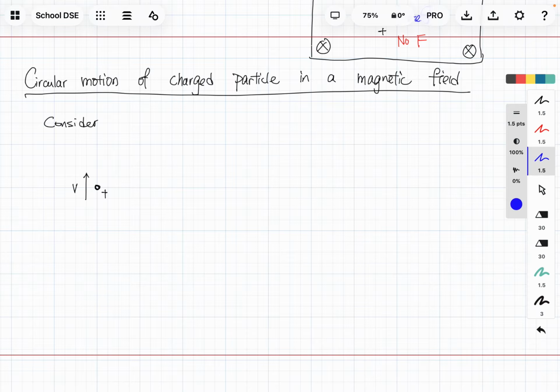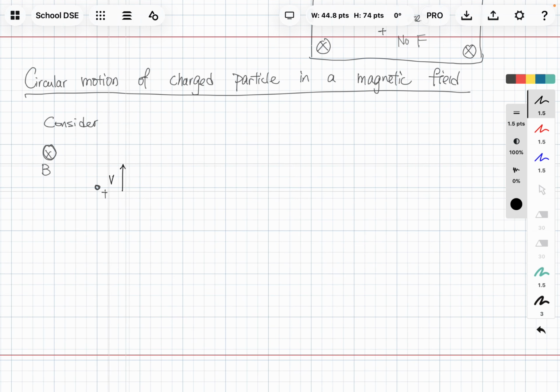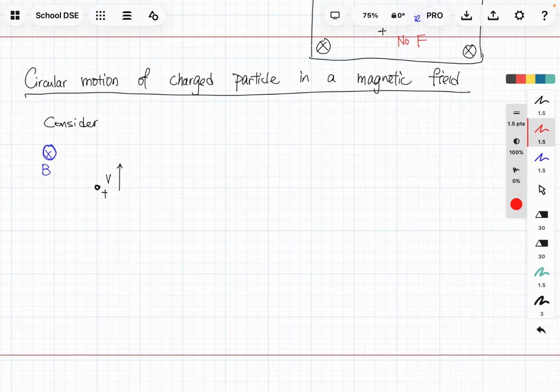The motion of the particle in a magnetic field will be a circular motion. So you want to study how big the radius is, or how long it takes to complete one cycle, then you have to obtain that information using mv squared over R equals QvB.